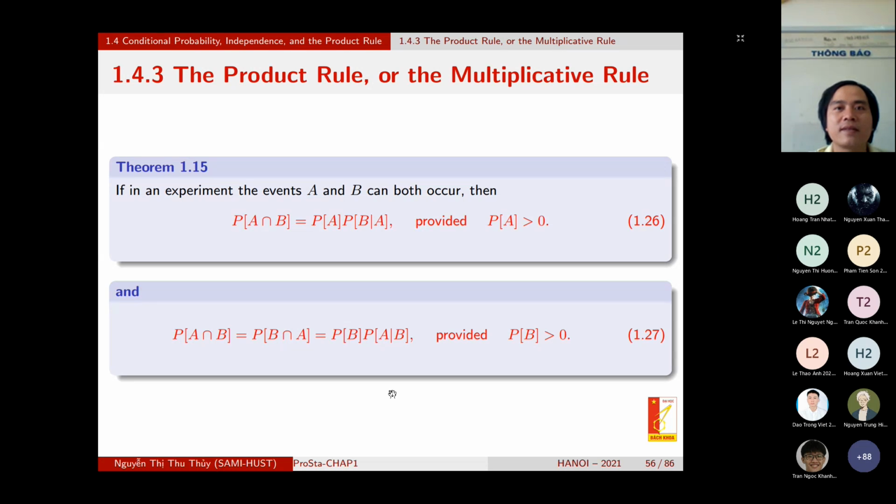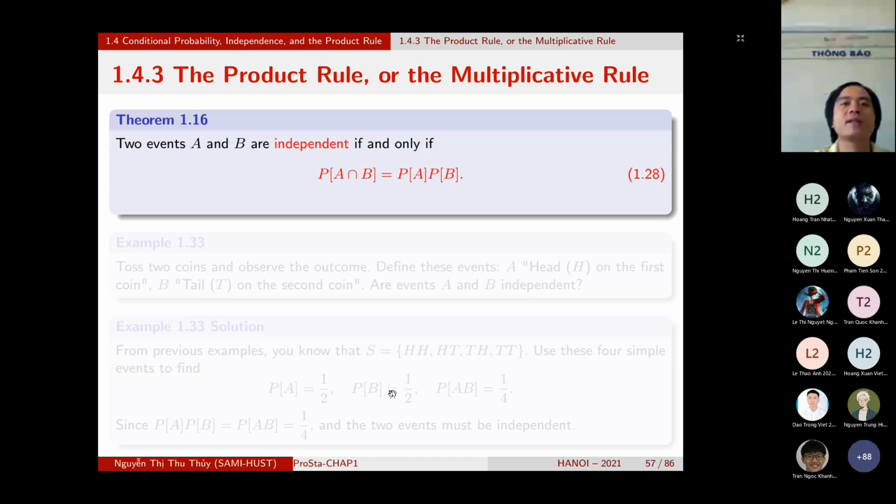That is the multiplicative rule, or we can say the product rule, 1.26 or 1.27.